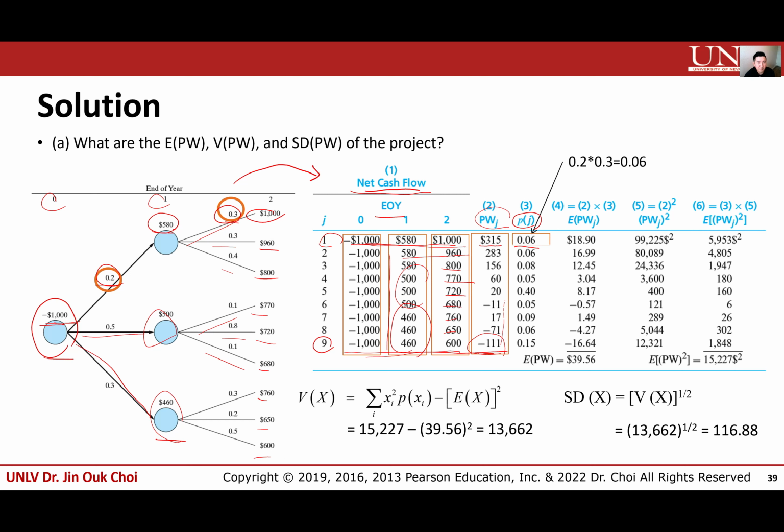The same way, we can multiply 0.2 and 0.4, which is going to be 0.08, then 0.1 and so on and so forth. When we multiply all these probabilities, those are the probabilities that each possible cash flow will occur. And once we add them all, you will find that it's exactly 1, which is 100%.